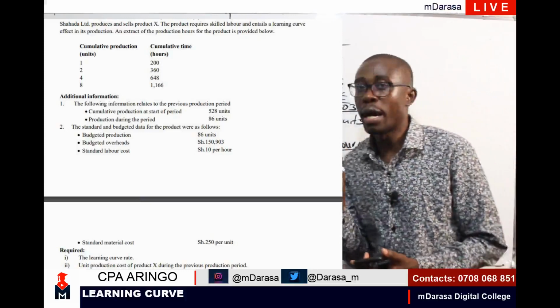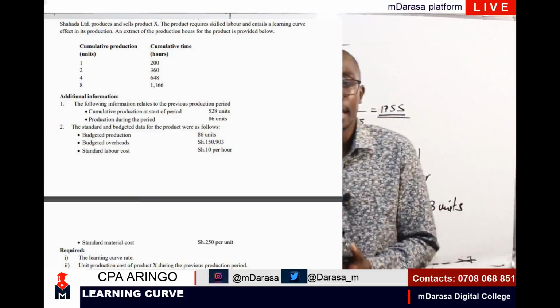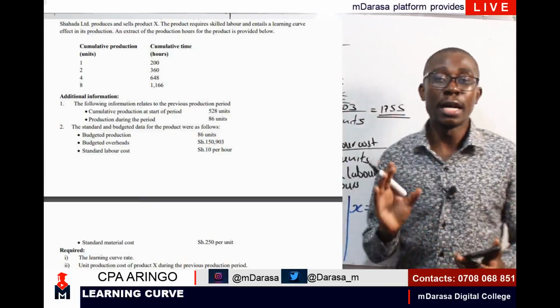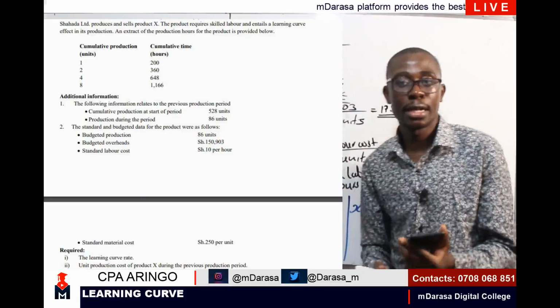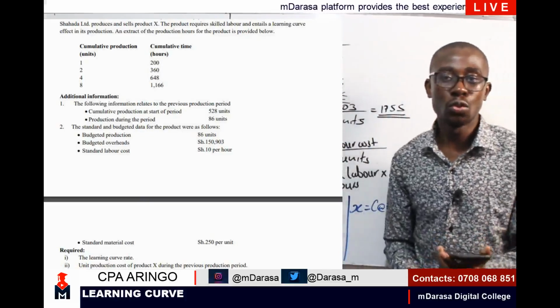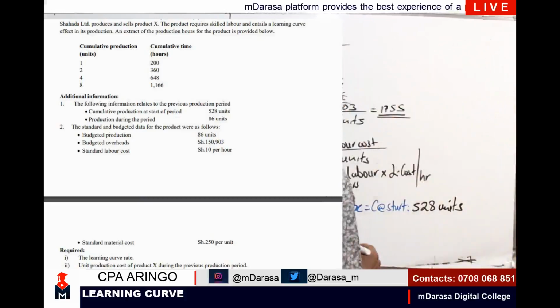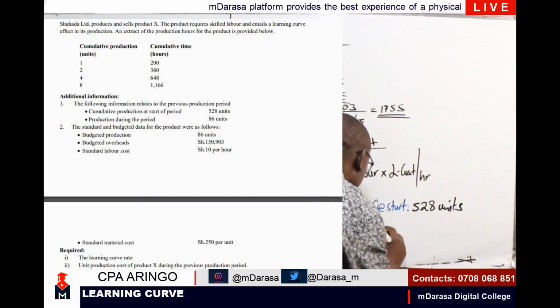So therefore, I can't use 86 units directly. In our learning curve, I can't go to 86 units directly and determine the time that we took. I'll need to determine our cumulative production at end.